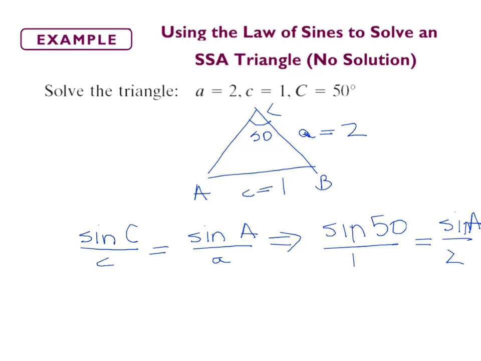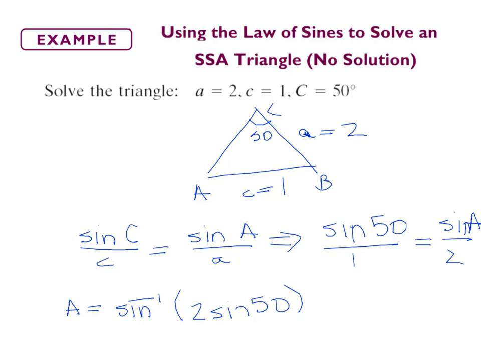Or I could say that A is equal to the inverse sine of 2 times the sine of 50. Does everybody understand that? I just did all the arithmetic all at once. Do you have a question, Kirtan? No? Okay.